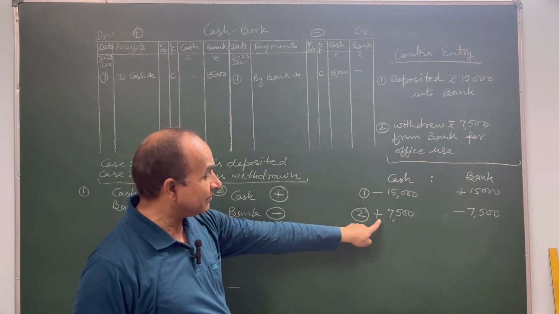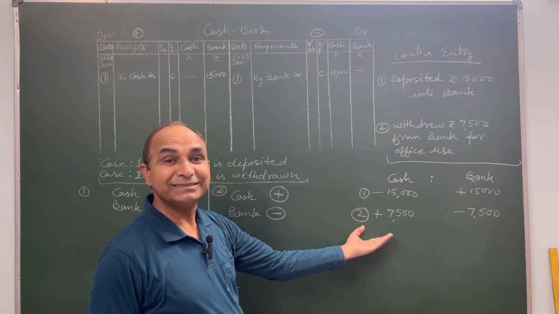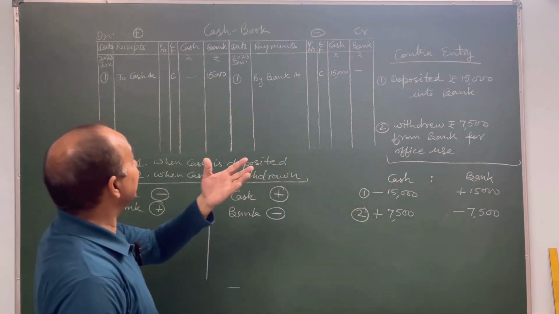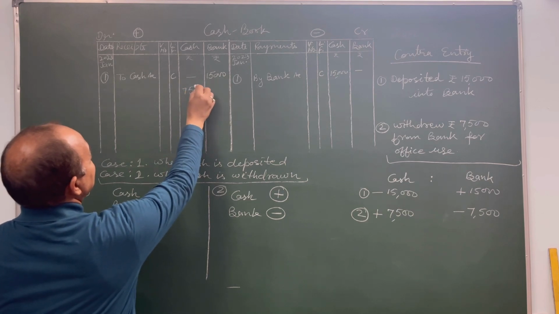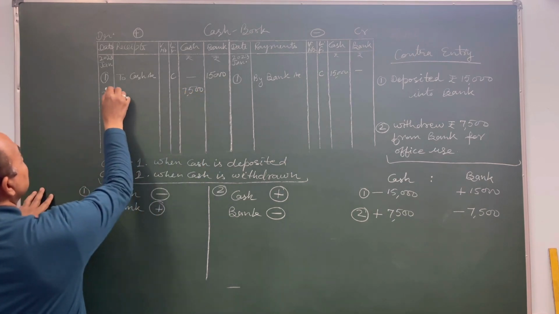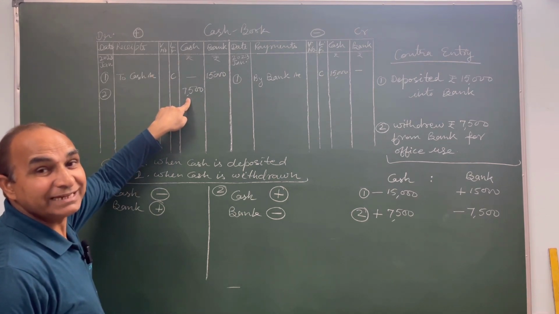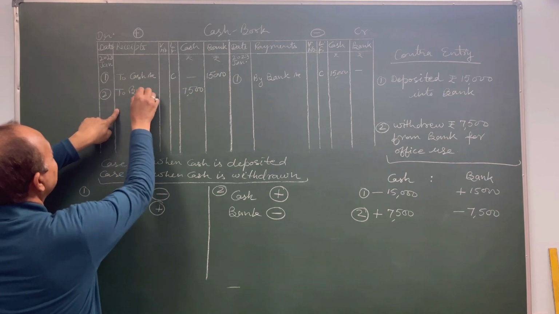See, due to the second transaction, cash balance increasing by 7,500. When cash balance increases, we record on the debit side. See, 7,500. Number 2 transaction, cash column will show an increase, and we will write here to bank account.